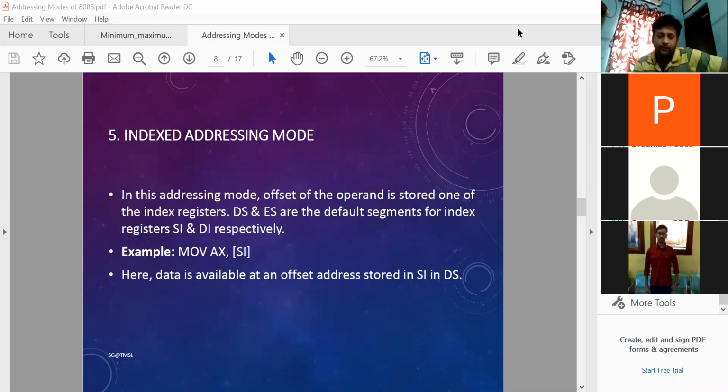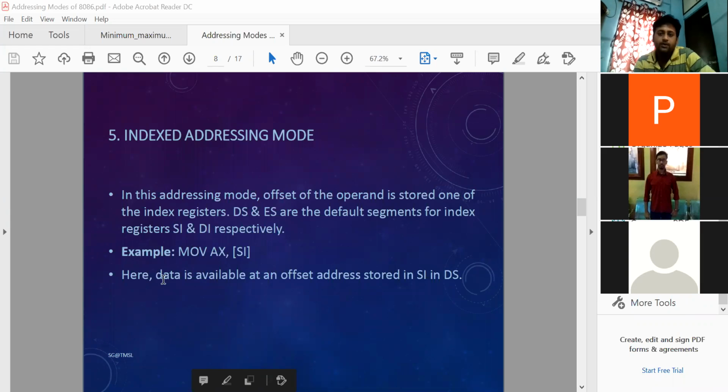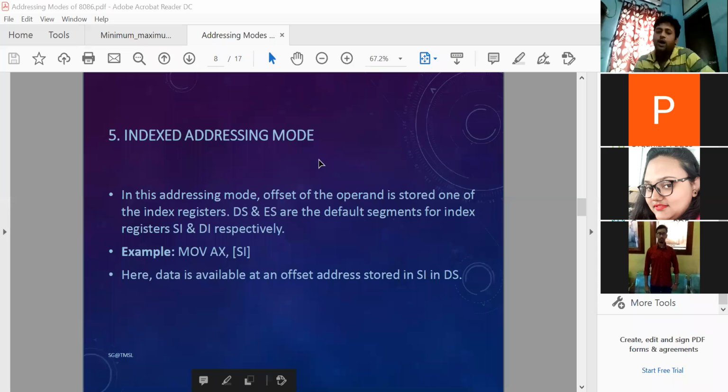Everyone must write down. So until now, I have given some examples of 5 addressing modes. Now, take any addressing mode in this way. Can you remember the physical address generation?